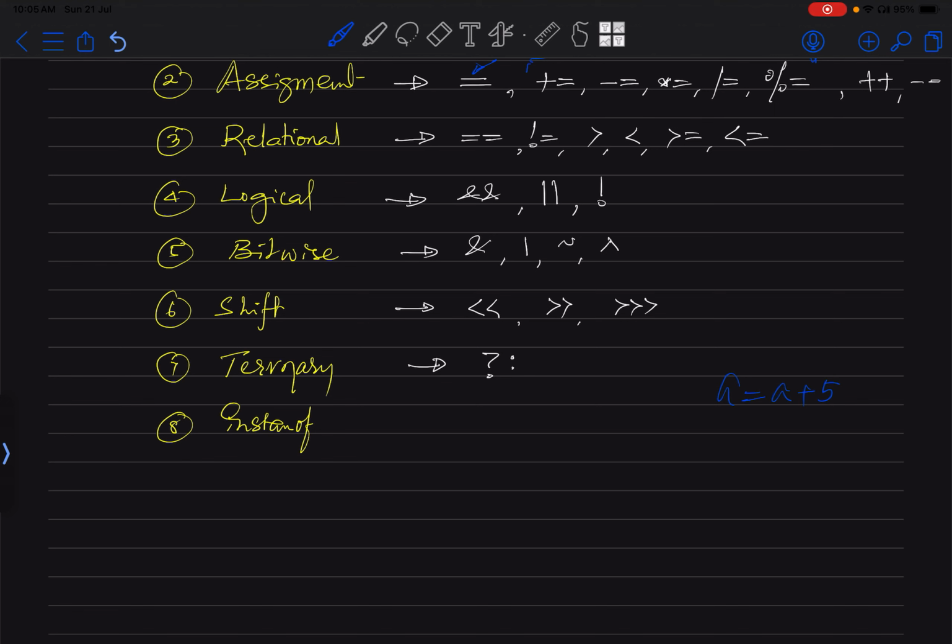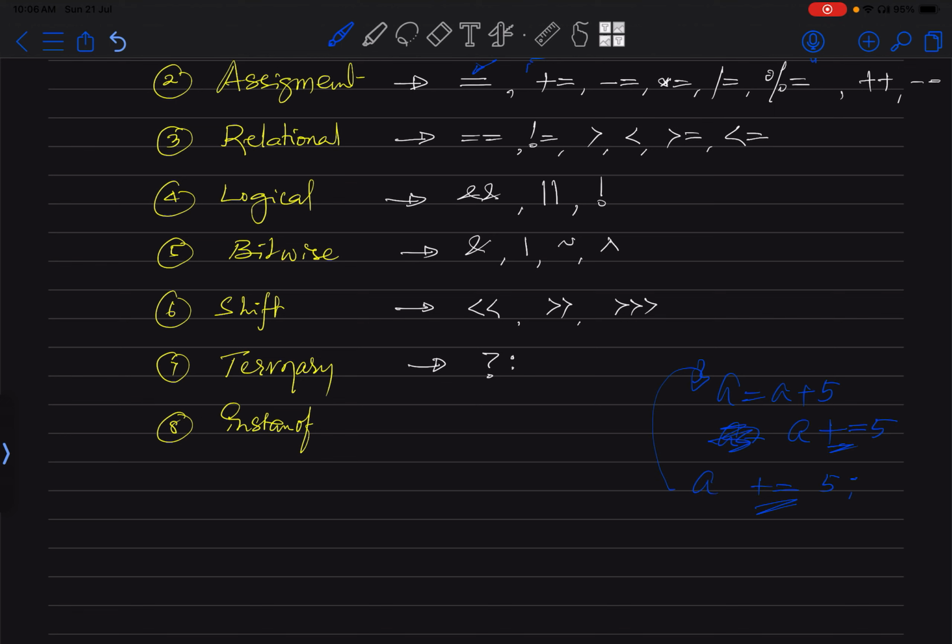Now the same thing you can write this way: a plus equal to 5. Of course, there can be a space here. This is an operator, and it is a shorthand of the previous form.